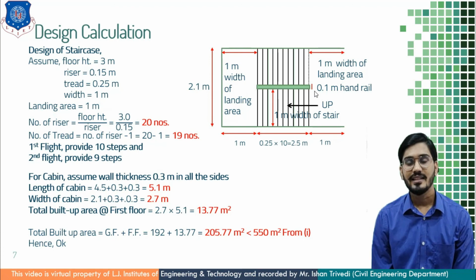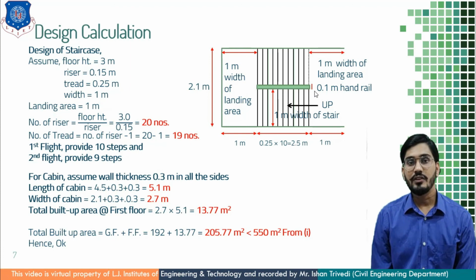Hence, I am within the limit and I am safe. So this is the design calculation of a residential unit, and here I have calculated the staircase design, margin and total built up area.